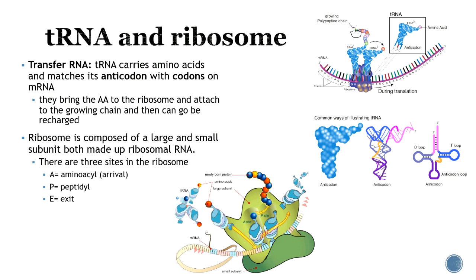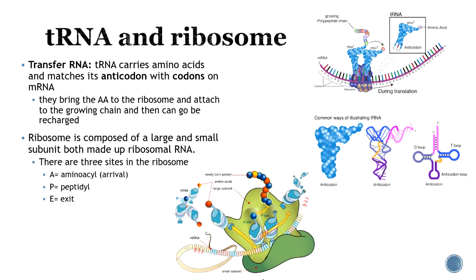Now the ribosome is pretty much your protein factory, if you want to think of it. It's going to be composed of two subunits, a bottom subunit and a top one, and it's going to serve as a site where we can make those peptide bonds and grow our protein chain.